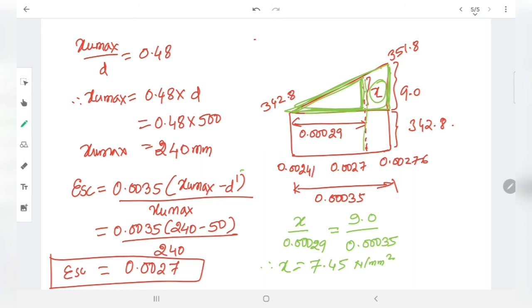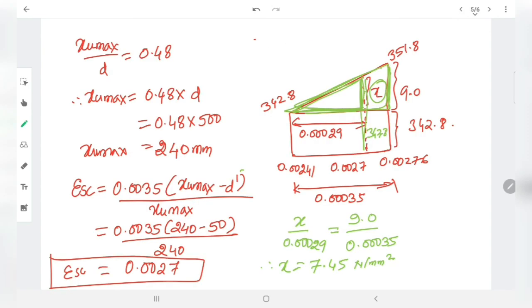Now this total height is how much? This is 342.8 plus 7.45. Now the value of FSC: x is equal to 7.45 Newton per mm square, plus 342.8, the previous FSC value.